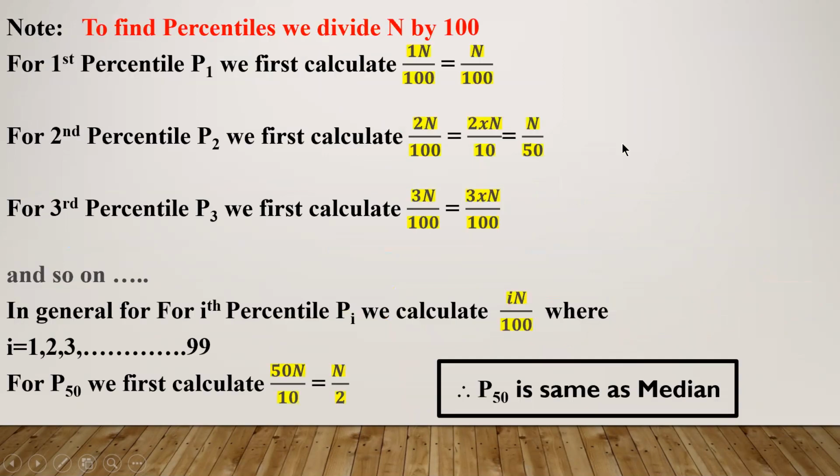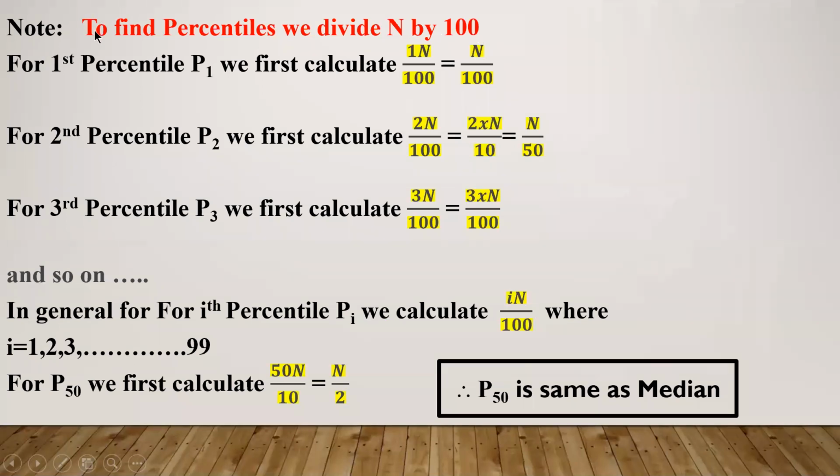Now let us see. I have given you here the points to remember when you calculate percentiles. Because percentiles divide the data into 100 equal parts, we will divide n by 100.